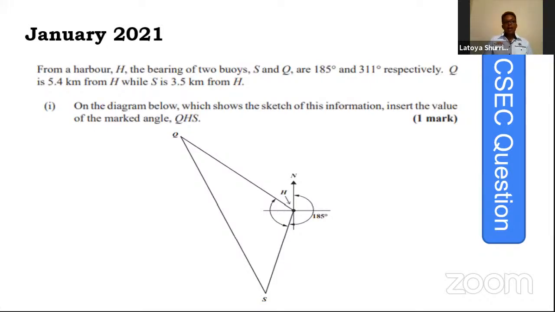And so I don't want you to make the same mistake that I did. So you want to examine your diagram and ensure that you read the question properly, right? So we know that the angle QHS is that angle at H formed inside of the triangle. But what is the value of that angle?